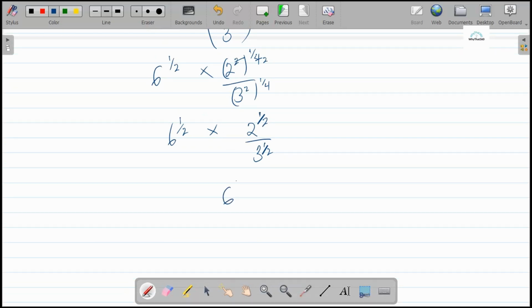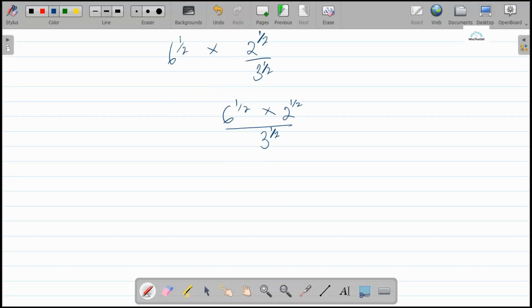6 to the power 1 half times 2 to the power 1 half, all divided by 3 to the power 1 half. I'm going to do it this way.